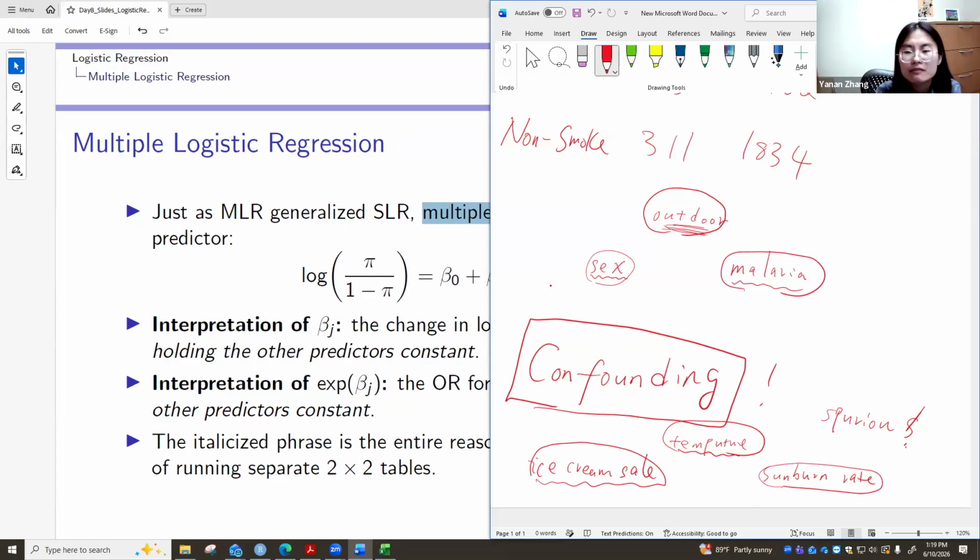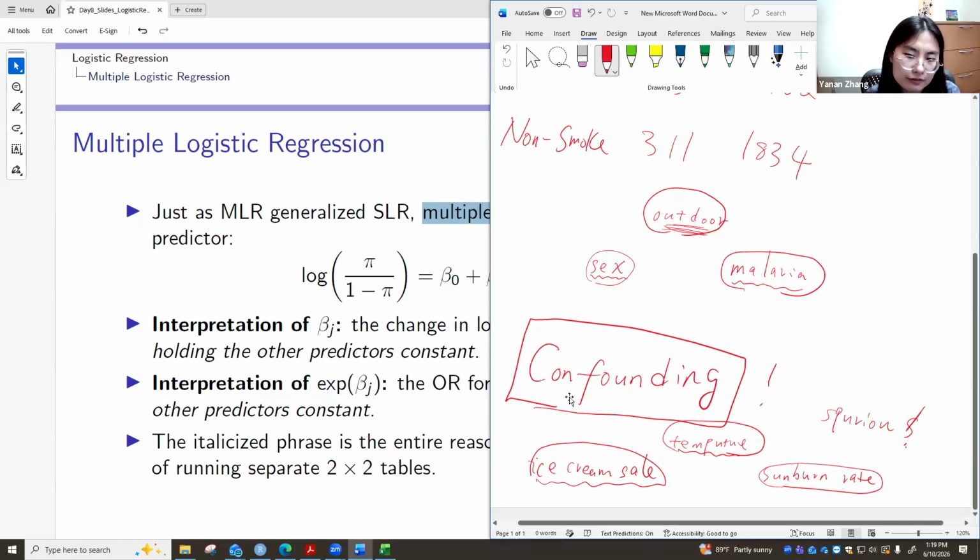And let me give you the definition we use for confounders. A confounder needs to be associated with both exposure and disease, and the confounder is not in the causal pathway between the predictor and outcome. Okay, that's the definition of confounding.